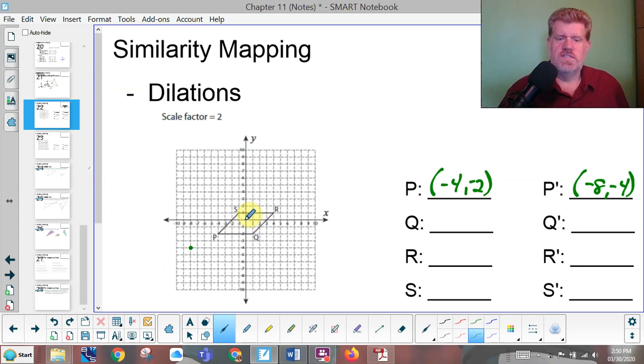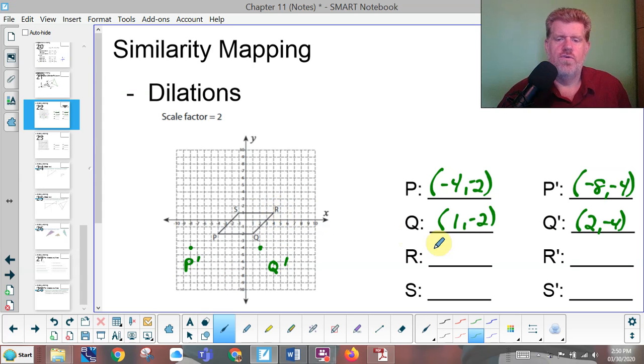We assume it's the center. Everything's going to go in or out from the center. All right, Q. Q is 1, -2. Well, if I want to double it, it's going to be 2, -4. That's our new Q. That's our new point P.